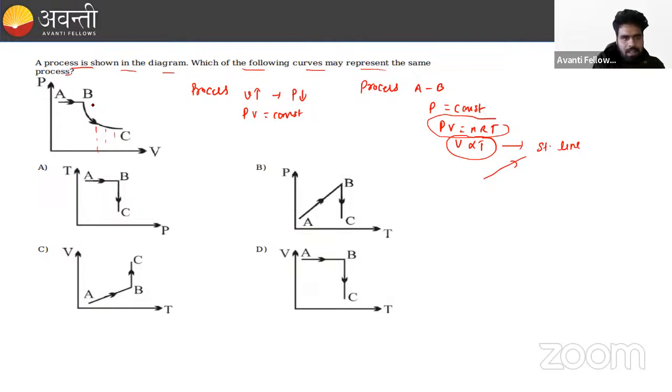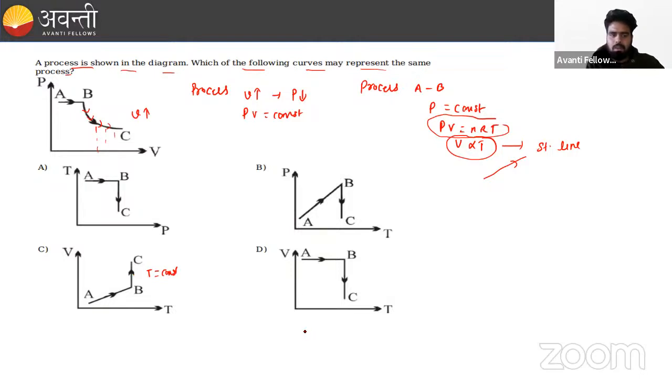As we move away from point B, volume increases. So in graph option C, what we observe here, first of all, is that temperature is constant. It means there is a possibility that this graph is the correct graph.